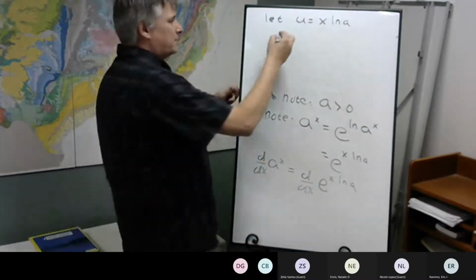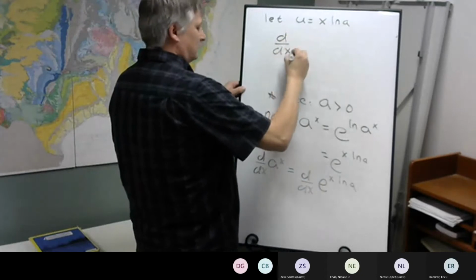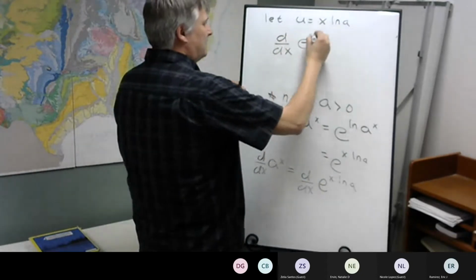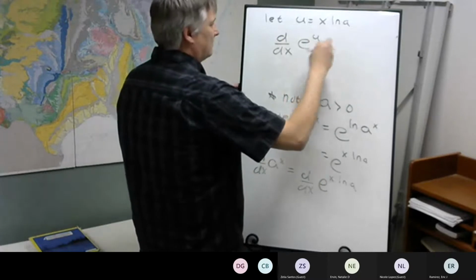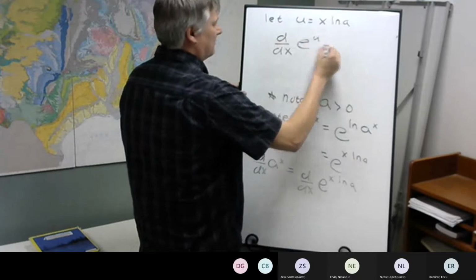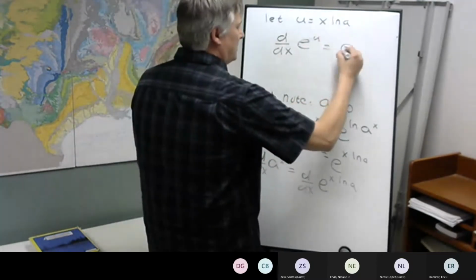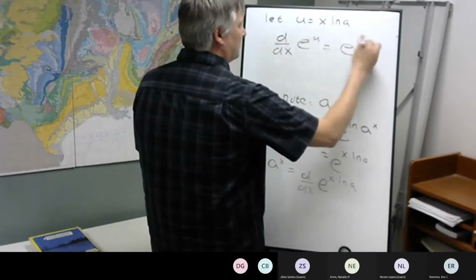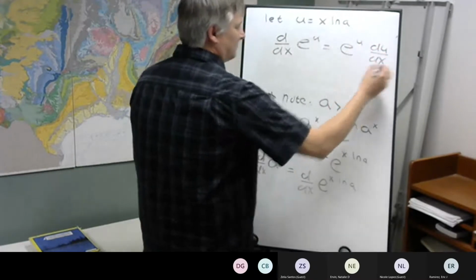So now we can rewrite this as d dx of e to the u, and then as we calculate, it's going to be e to the u times du dx.